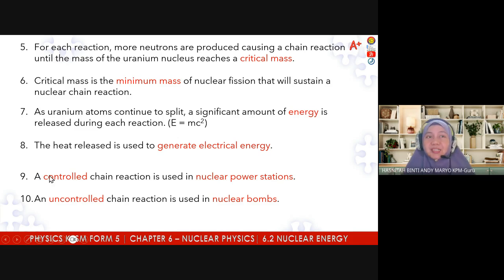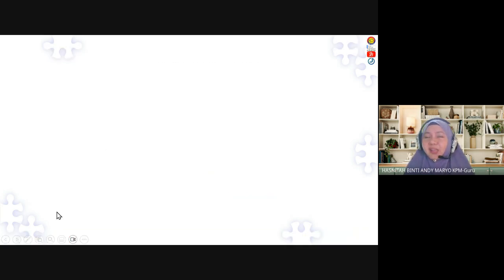Okay, it must be controlled or otherwise it will be a catastrophe. So it must happen in a closed, controlled container, in a nuclear reactor. We will learn that later on. All right. Okay. Then also it is used to produce nuclear bombs as well. Okay, which were used in World War, you learned in history.